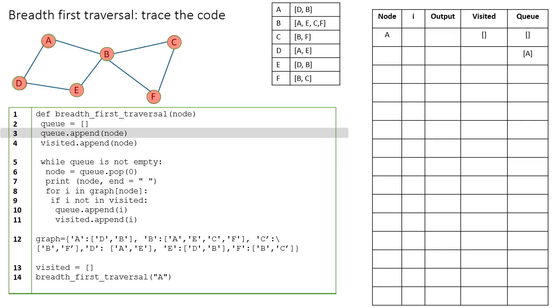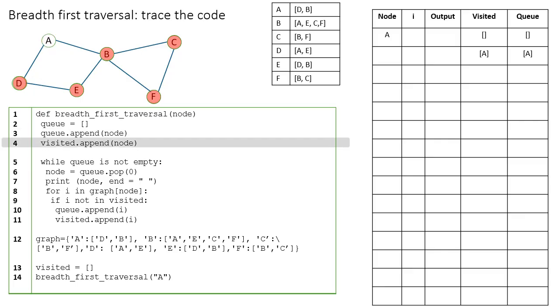We append our node A to the queue, and we append our node A to the visited list. We've also changed the color of our node from red to white on the graph to indicate that we have visited A.